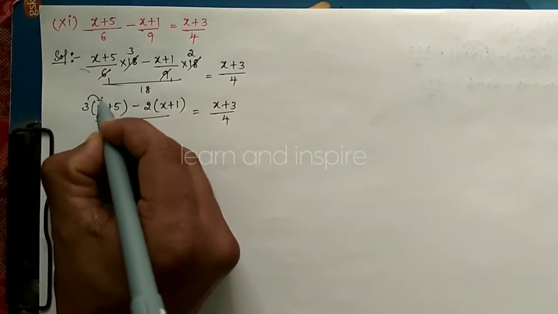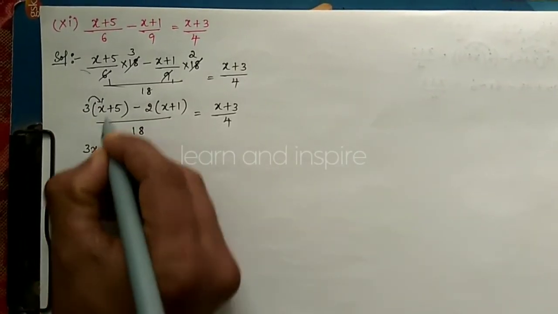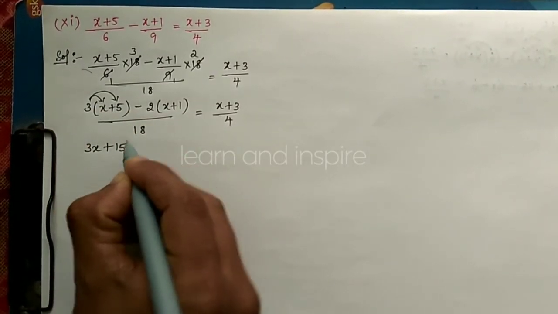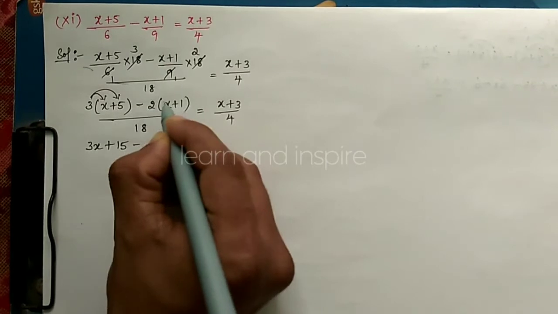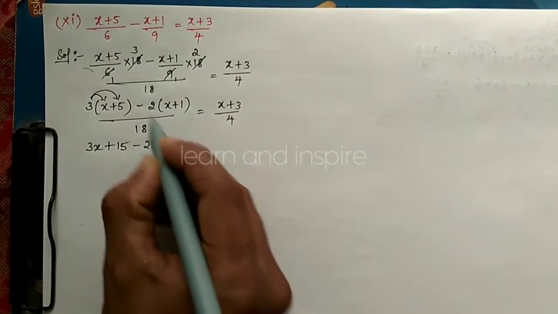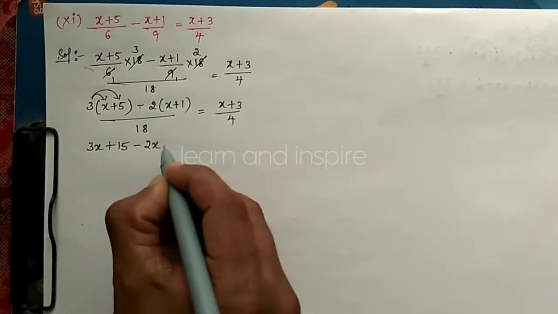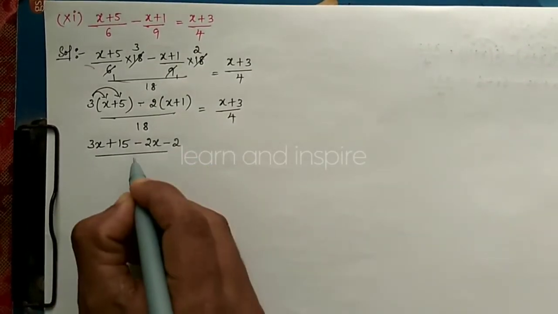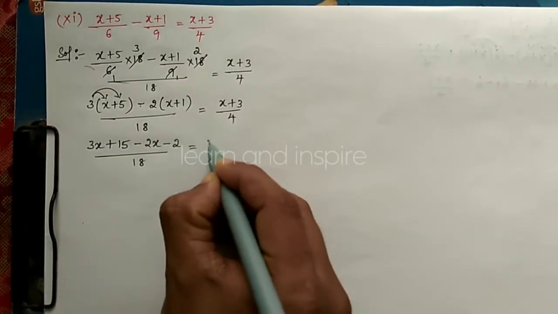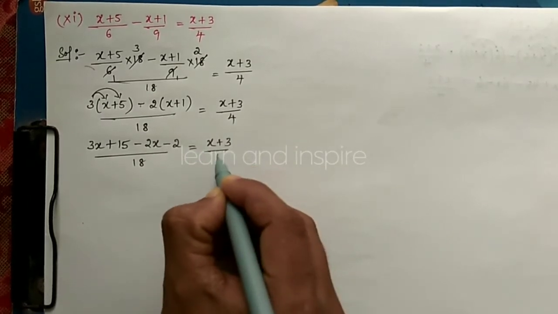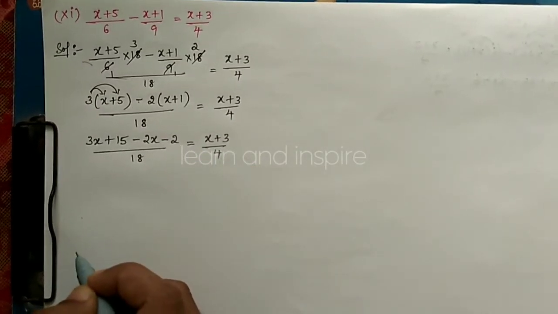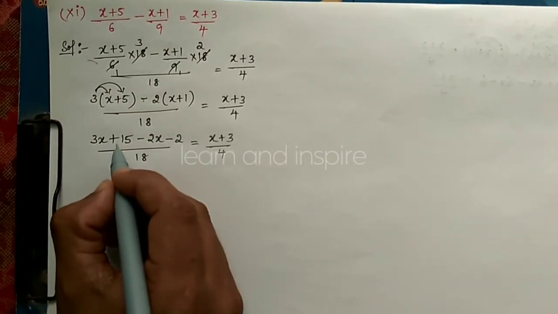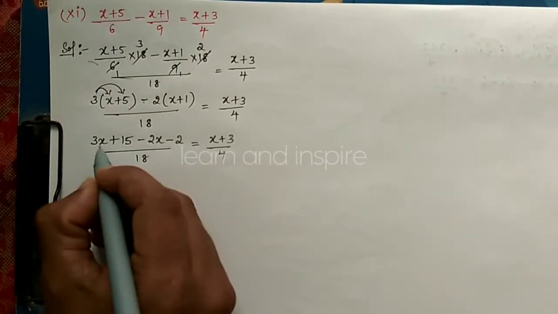So multiplying with the 3 into x is 3x plus 3 5s are 15 minus 2 into x is 2x minus into plus minus 2 1s are 2 divided by 18 equals to x plus 3 by 4, right, as it is. Okay, now so 3x plus 15 minus 2x minus 2.